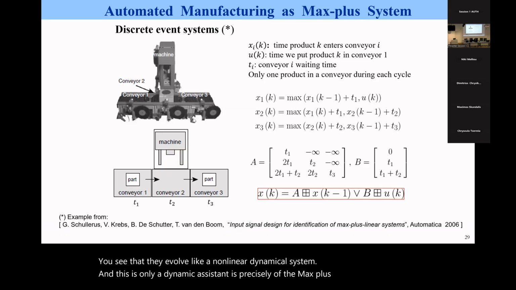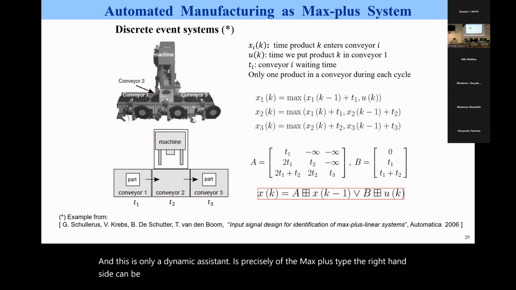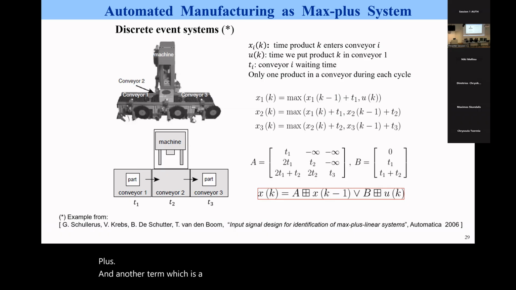The right-hand side can be expressed as the product of a constant matrix A, max plus, with the state vector at k minus 1, plus another term, which is a constant matrix B, max plus with the control input.